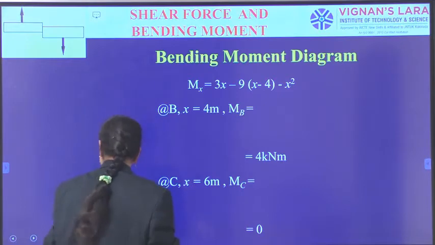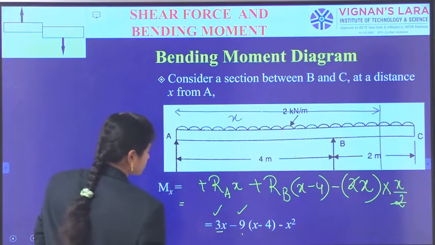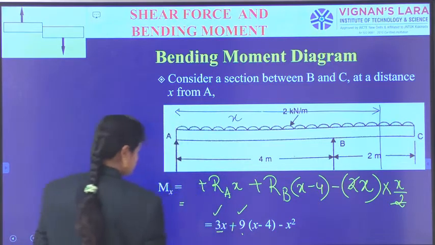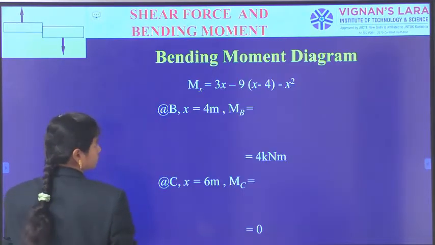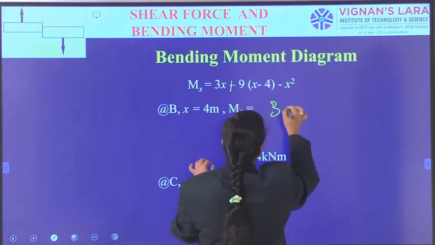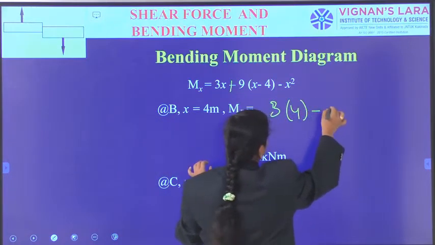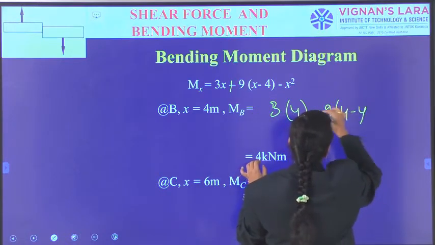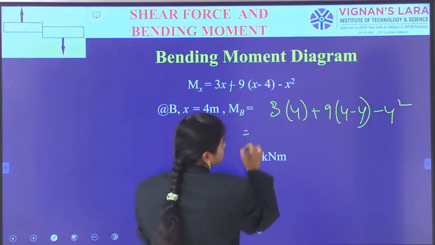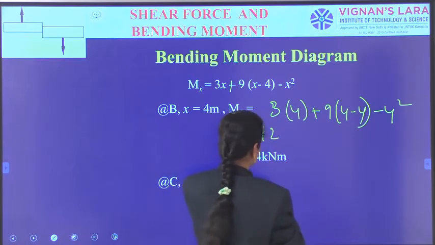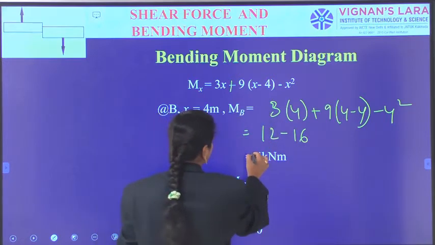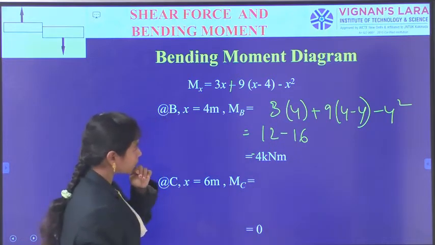So from this condition, at B: 3 into 4 plus 9 into 4 minus 4, minus 4 square, which is equal to 12 minus 16, and we have got it as minus 4 value only.